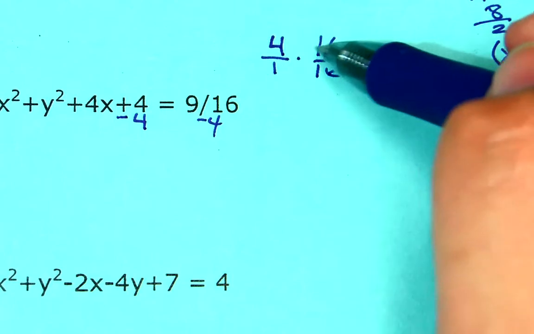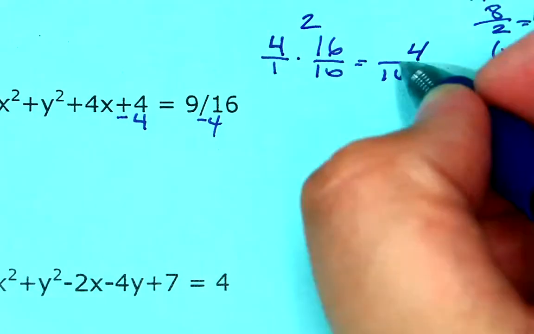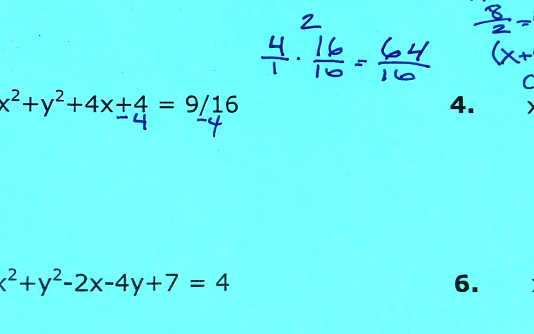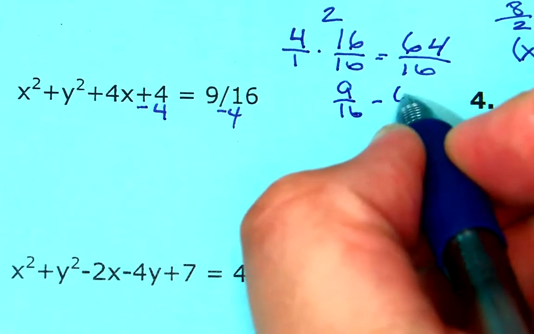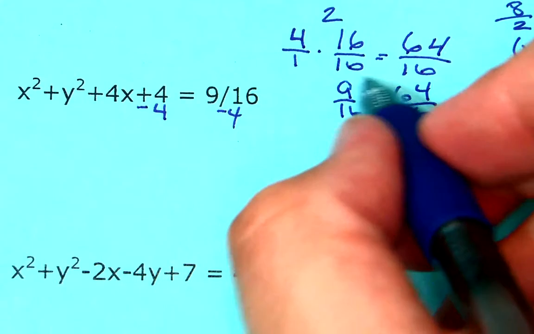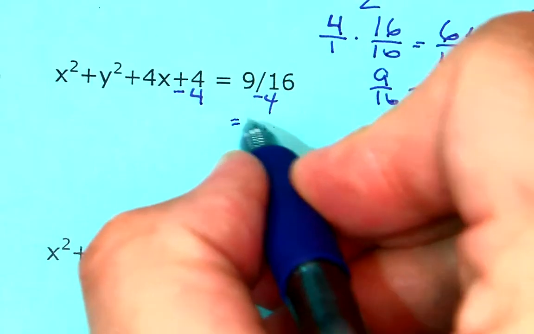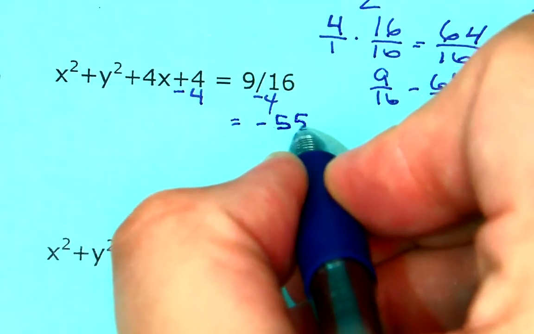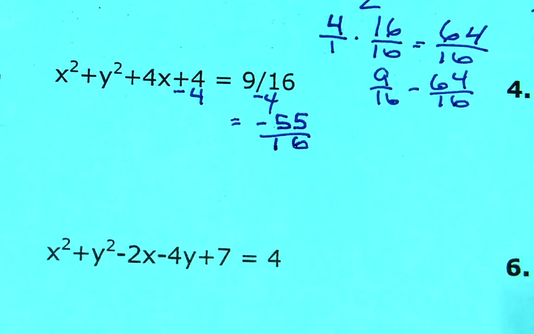So what's 4 times 16? 4 times 6 is 24, so this is going to be 64 over 16. So basically what I'm going to get is 9 over 16 minus 64 over 16. So what's my answer going to be? Negative 55 over 16.